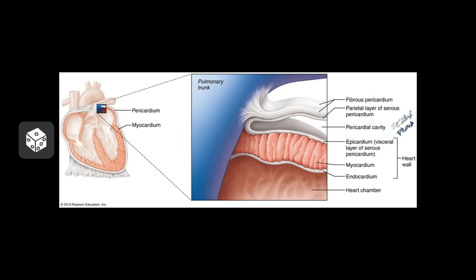And as we learned in A&P II, we have a parietal layer and a visceral layer. Well, if we go deep to the cavity, we say, oh, I thought it was called the epicardium, but in fact, it is the same thing as the visceral layer of the serous pericardium.